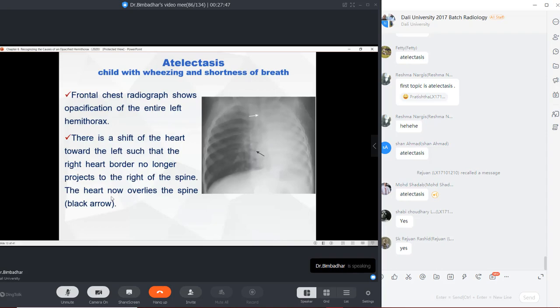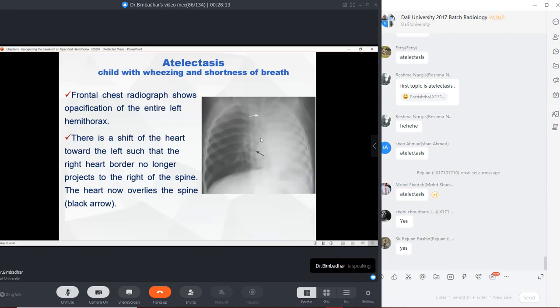Now let us see it. Look at this chest x-ray. This obviously shows that this is a child, because the ribs are not well developed, and you see here the clavicles are smaller in contour, right? And this is a child. Now, I see here the entire left lung, or the entire left hemithorax, is completely white in nature.